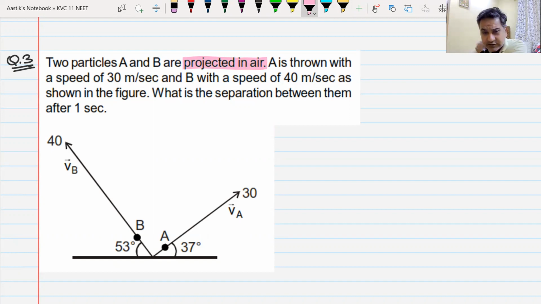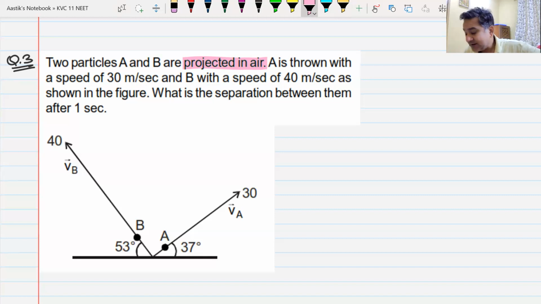This is projectile motion. But even if it is projectile motion, if you find the acceleration of A with respect to B or B with respect to A, it will come 0. Yes or no? We've seen that. So no matter what happens, the acceleration of A with respect to B or B with respect to A is already 0.